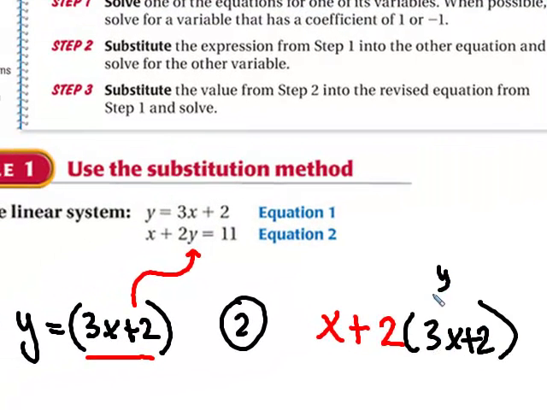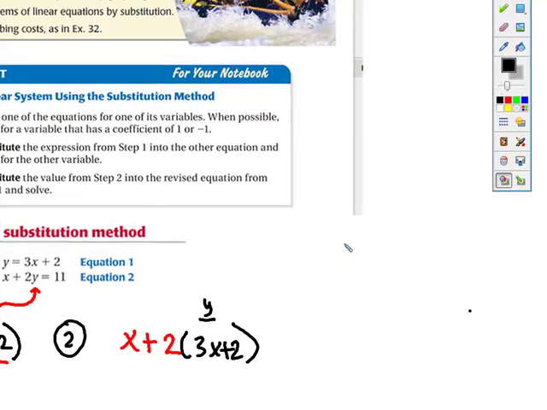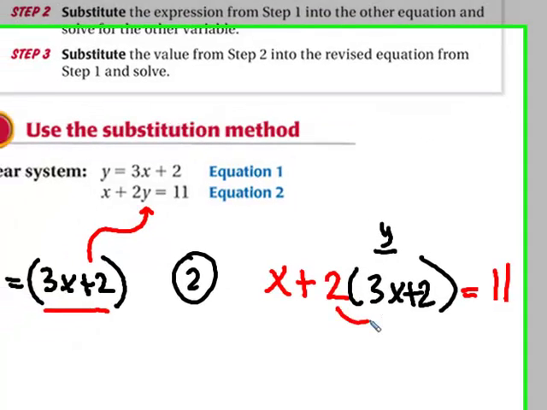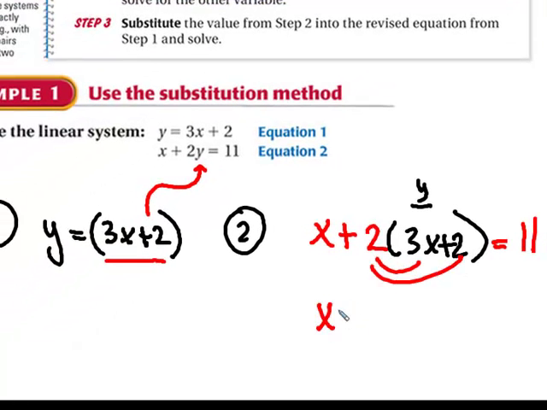So again, this used to be the y, I'm making it 3x plus 2, and that equals 11. Step 2 says solve it for this variable, so we're going to solve this for x. We need to distribute the 2. So x plus 6x plus 4 equals 11.